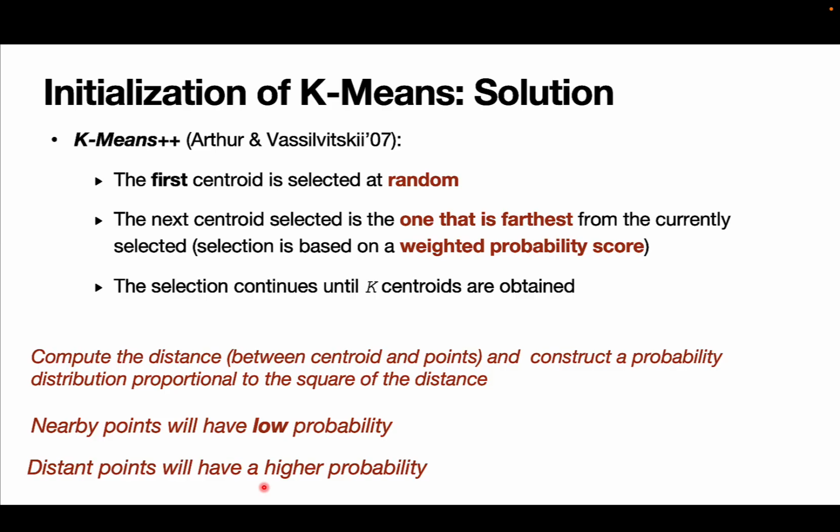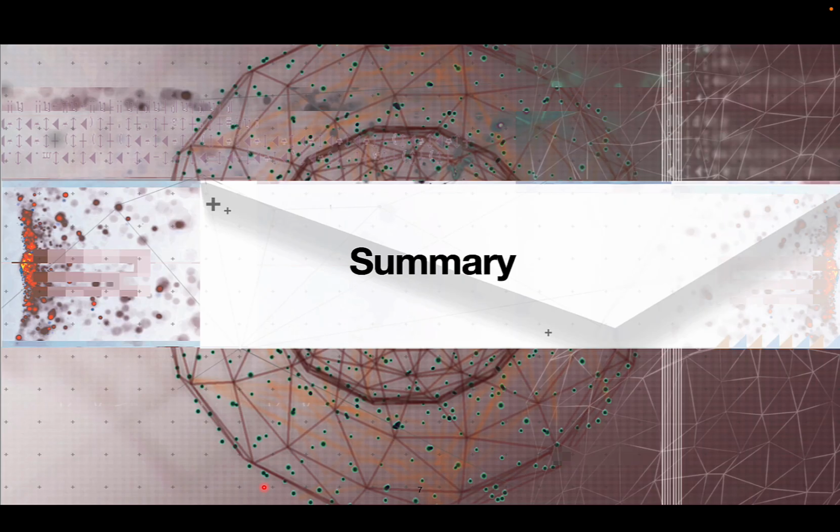So points close to existing centroids have a low probability of being chosen, while the ones that are far away have a higher probability. This randomness makes the method more robust and leads to better clustering results on average. In summary, we discussed the problem of poor initialization in the k-means method.